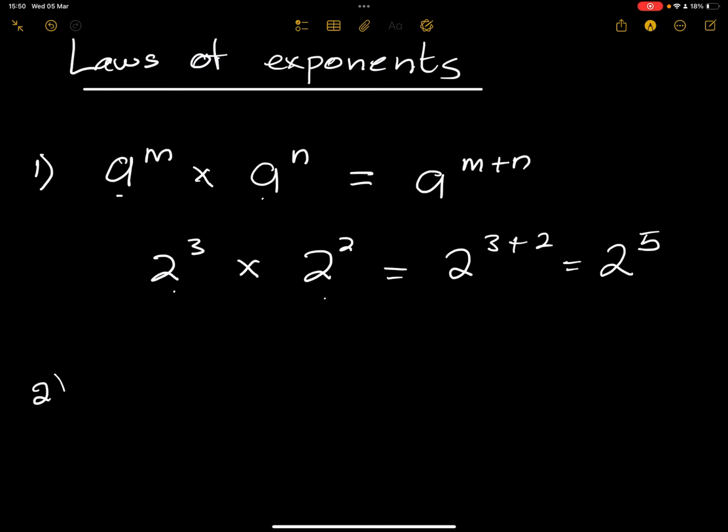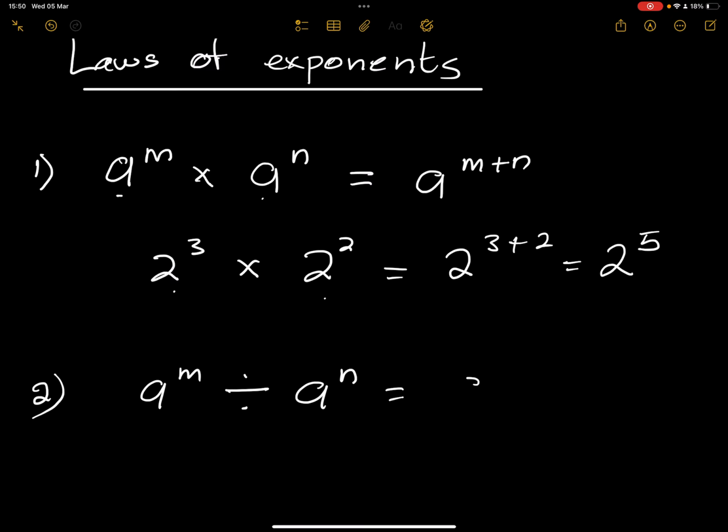Now let's go to the second law. So we say that if our bases are the same and we are dividing, please keep that in mind. Now we are dividing. So what do we do? In this case, we're dividing the powers and our bases are the same.